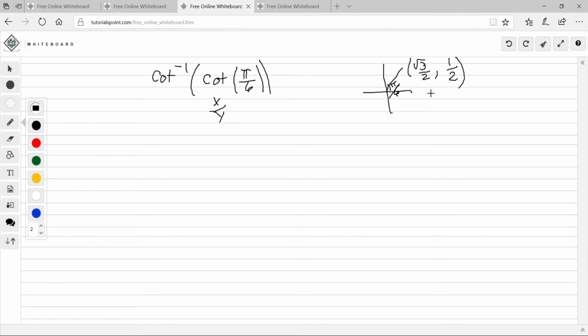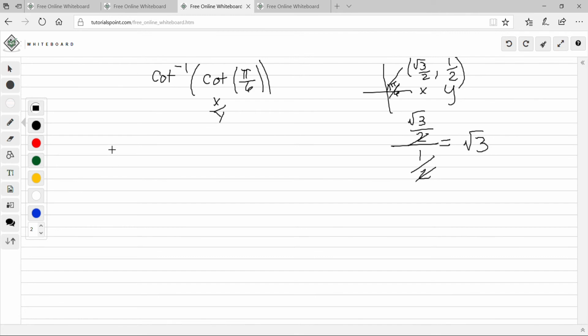Here's your x, and here's your y. So we've got to take the cotangent of that, so it's x over y, which is root 3 over 2 divided by 1/2. The 2's cancel, so you're left with root 3.